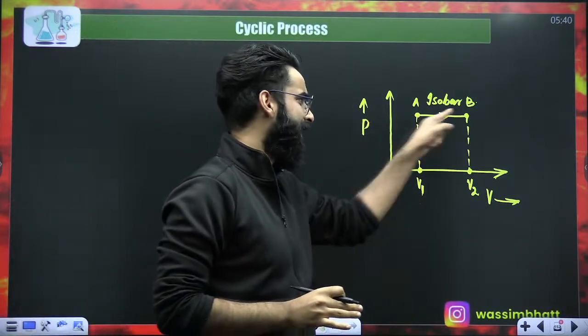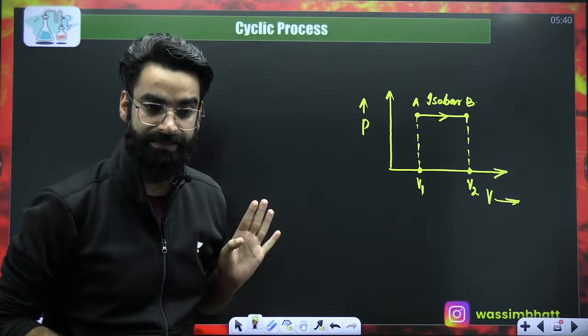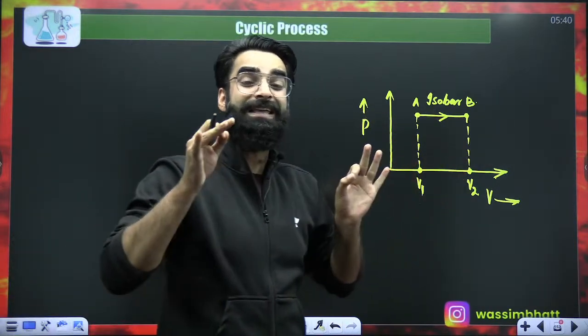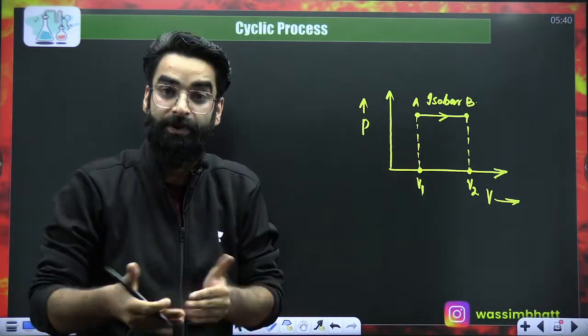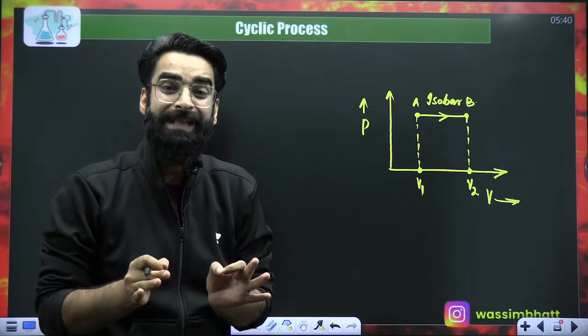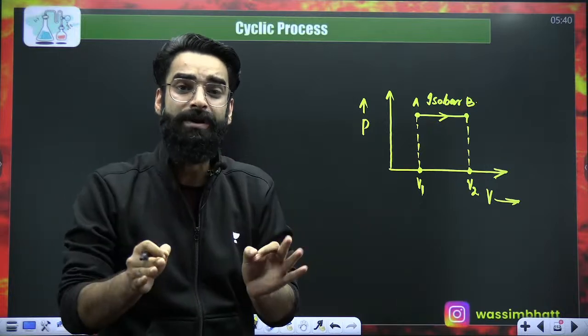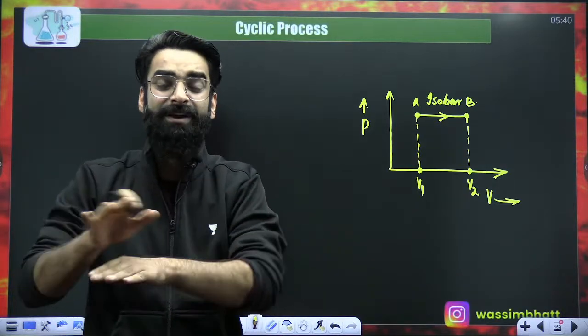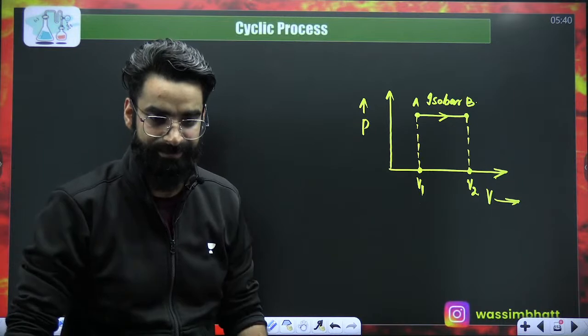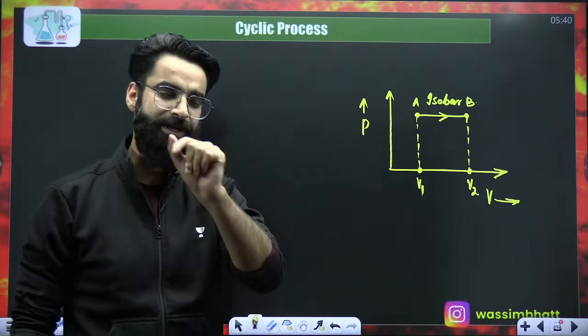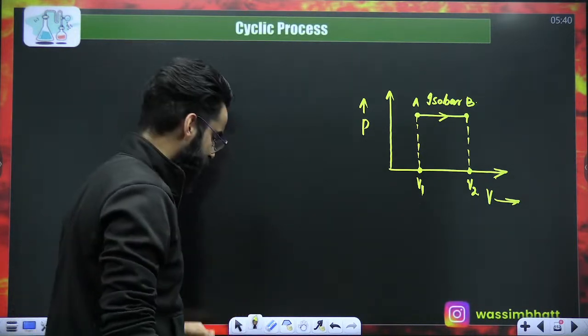This AB represents an isobaric process. It is simply telling you that you are changing the state of the gas, but on changing the state, you are not changing the pressure of the gas. So point number one. Point number two, my dear students.